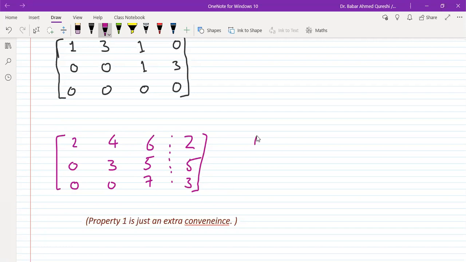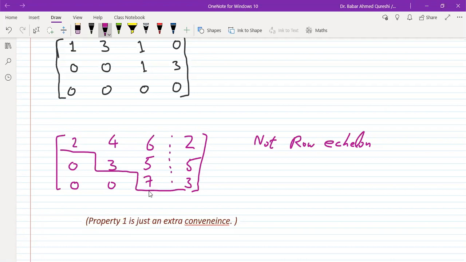But still, we call it not row echelon, although it had the form of a falling stair. Just because some guy, probably Gauss, did this overkill. They said that we should have ones over here.